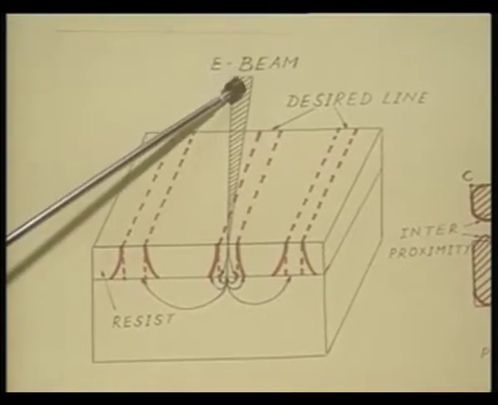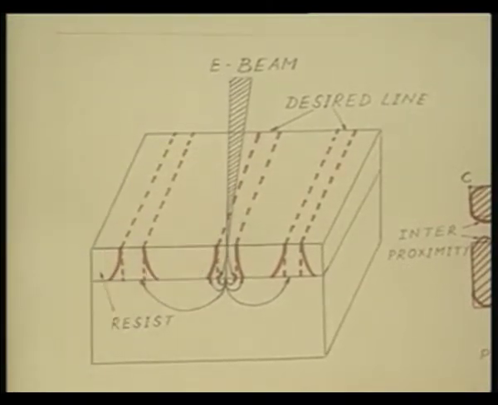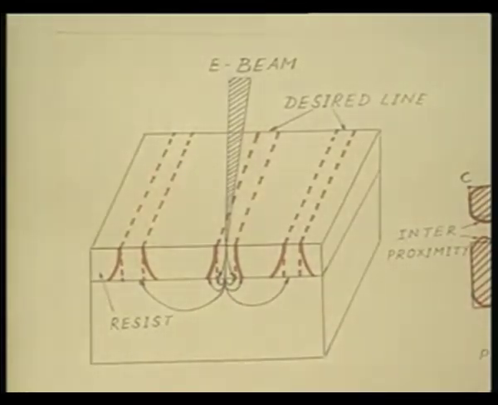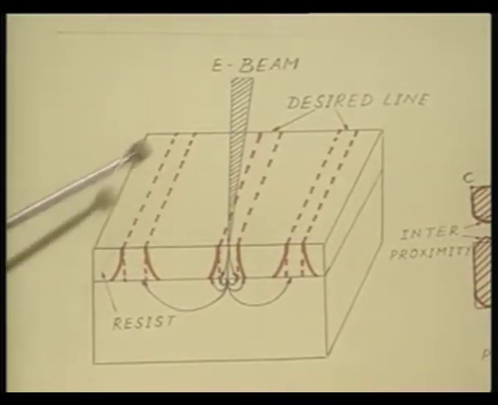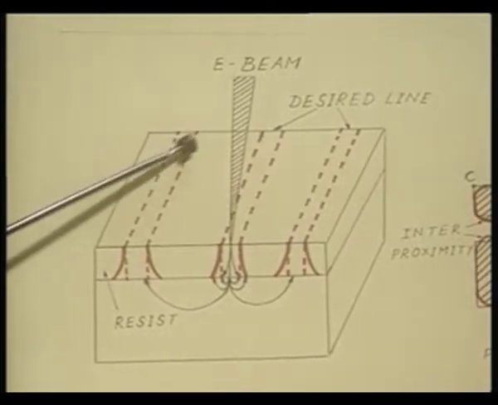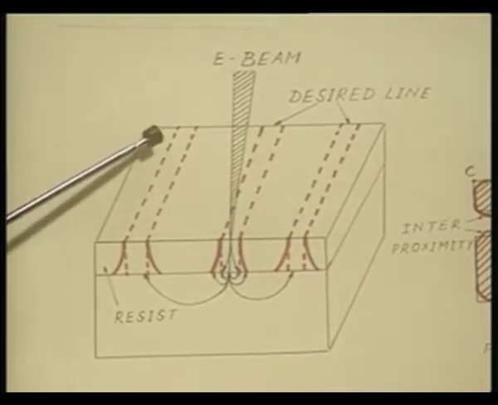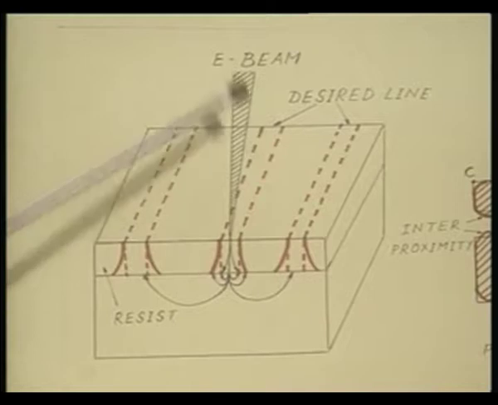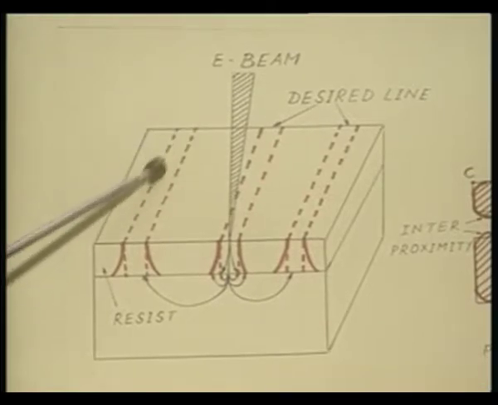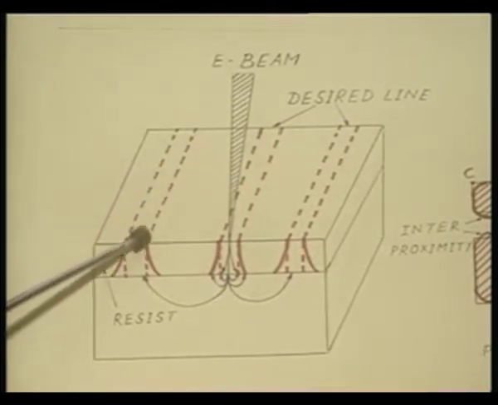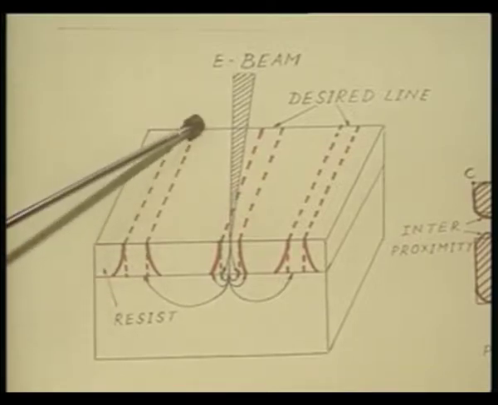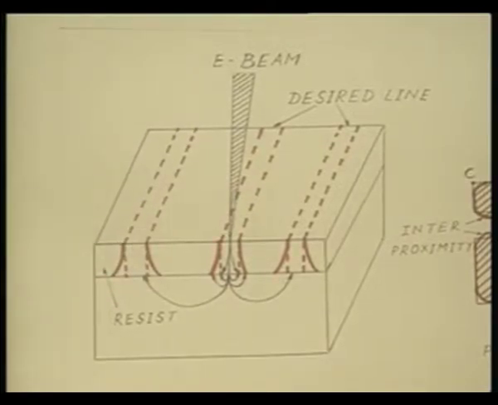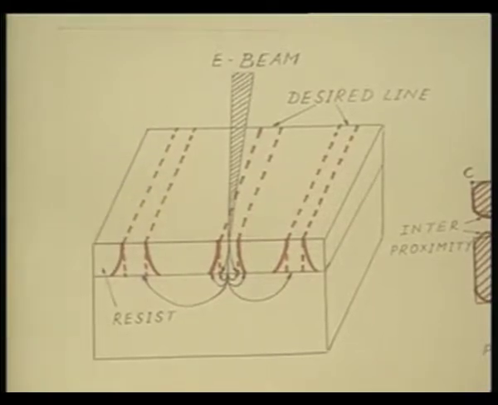This is the focused E-beam on the substrate surface, and the region bounded by the red dashed line shows the pattern that has to be realized on the substrate. Obviously, the region bounded by the red dashed line is what we desire to obtain, the pattern that we want to obtain on the substrate surface.